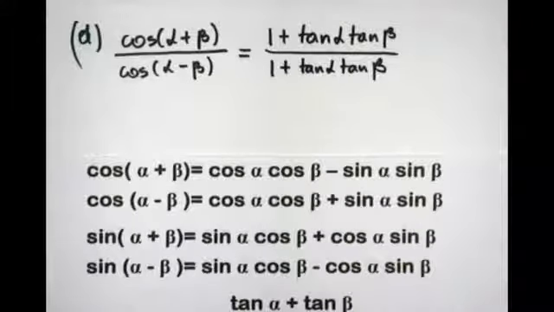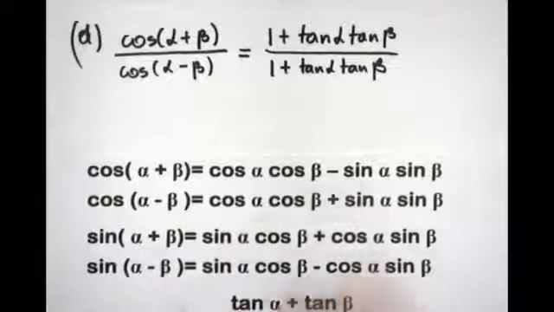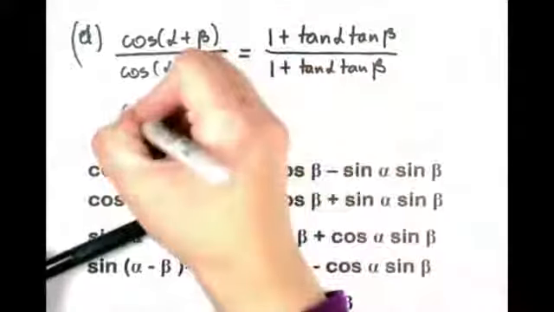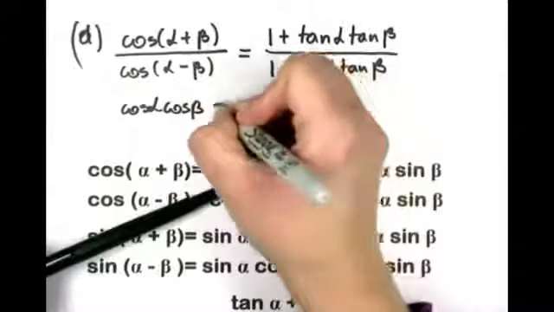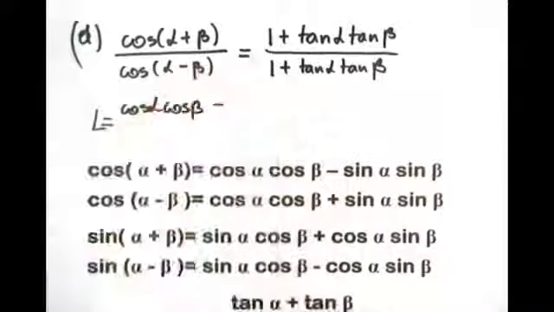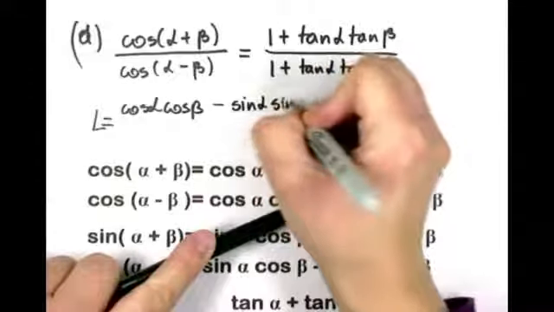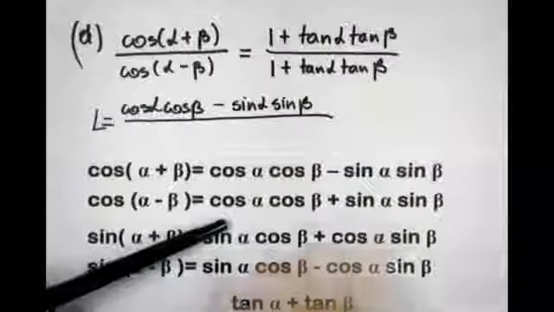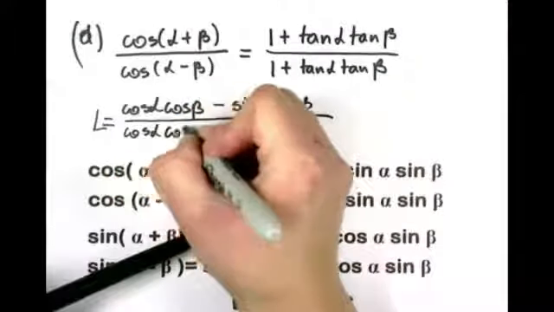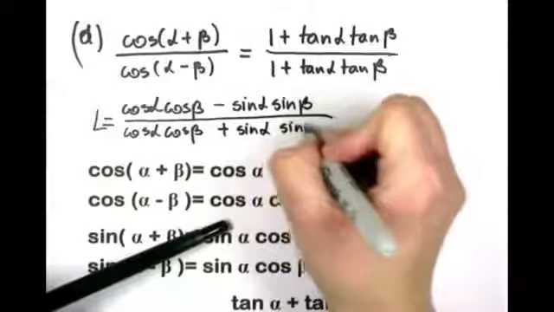So from the formula sheet, I'm getting those two, and I'm going to substitute for cos alpha plus beta. So what I'm getting is cos alpha cos beta minus sine alpha sine beta, this is of course my left side, all over, with cos alpha minus beta, cos alpha cos beta plus sine alpha sine beta.